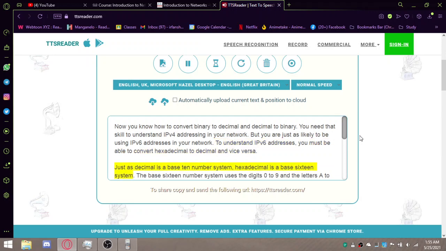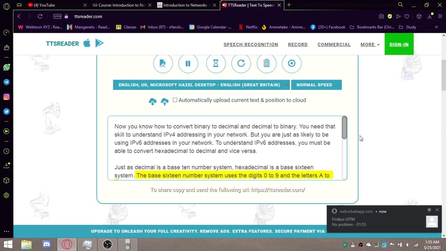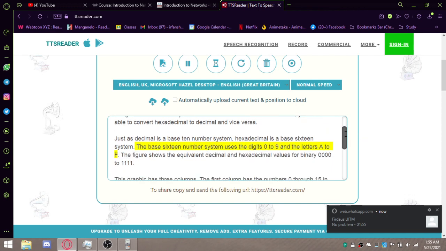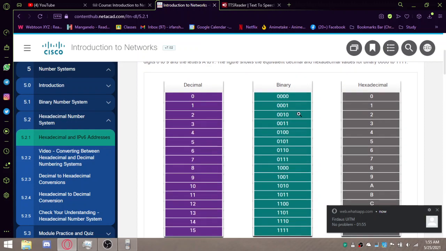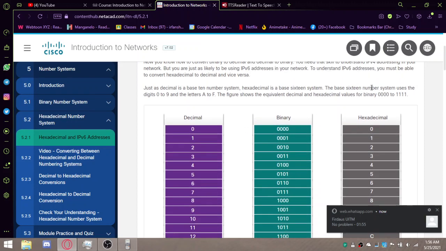Just as decimal is a base 10 number system, hexadecimal is a base 16 system. The base 16 number system uses the digits 0 to 9 and the letters A to F. The figure shows the equivalent decimal and hexadecimal values for binary 0000 to 1111.